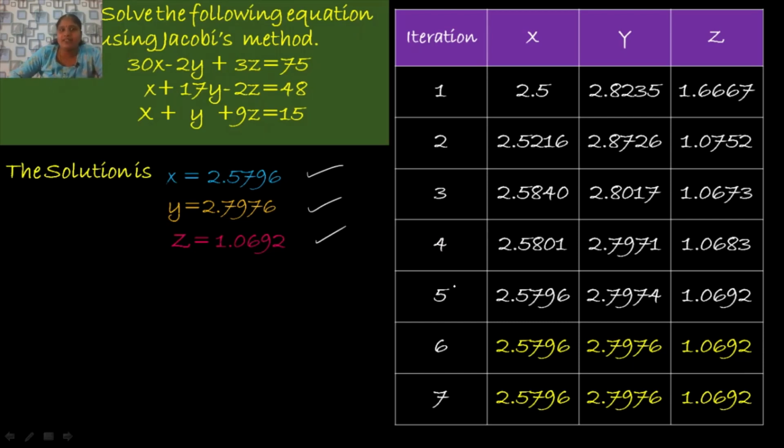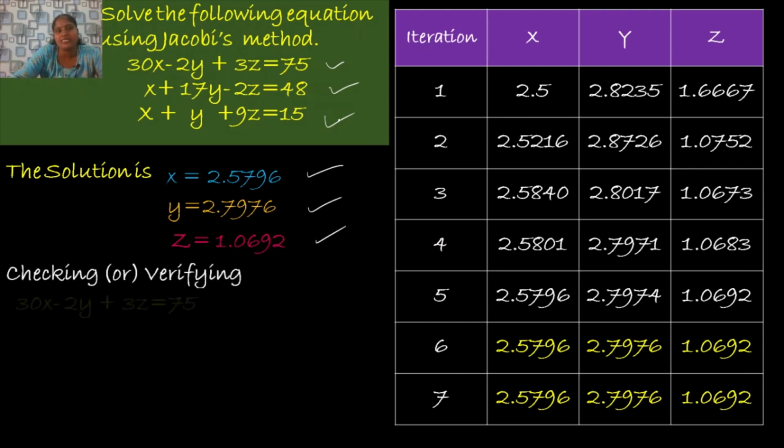So after calculating the values of x, y and z, you have to substitute these values in either the first equation, the second equation or the third equation. You have to check whether the given values of x, y, z are correct or not. So for that you have to verify your answer by yourself.